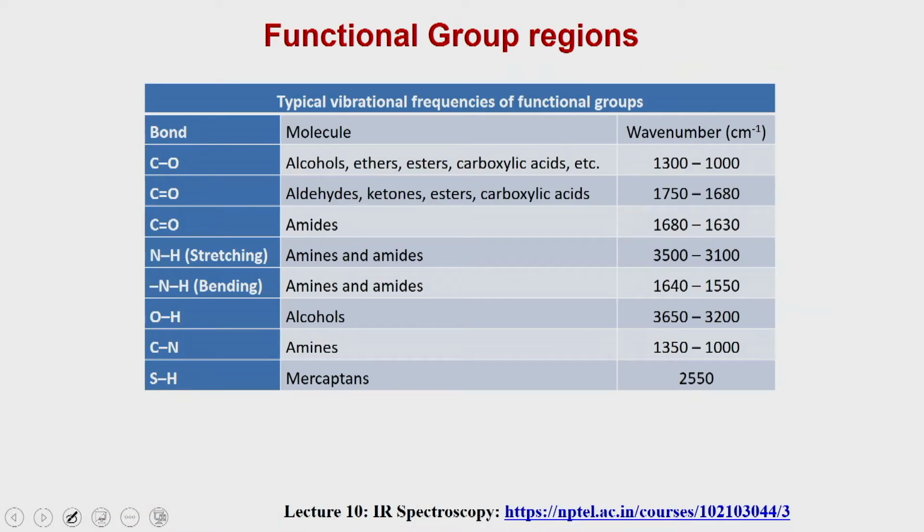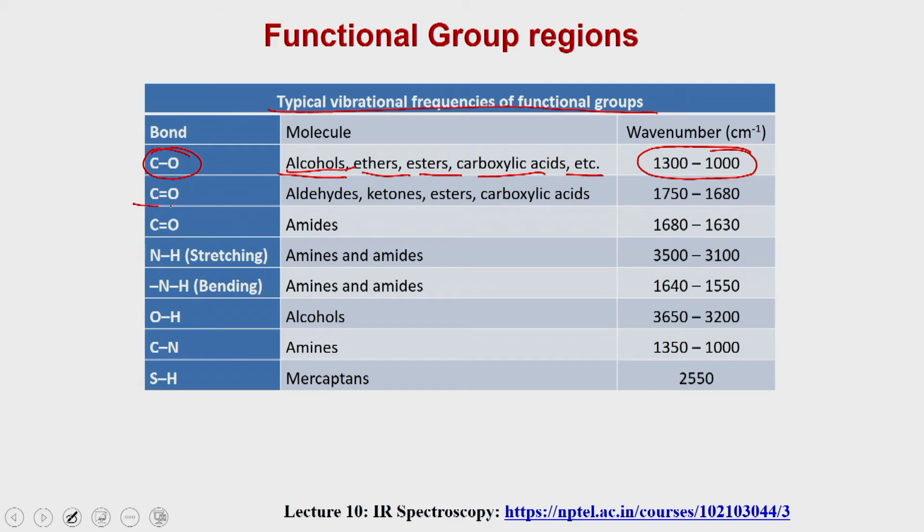Now, what you see are the vibrational frequencies of the functional groups. If you have the C-O bond, which is present in alcohol, ether, ester, carboxylic acid, etc., it absorbs in the range of 1300 to 1000 depending on the type of molecule.